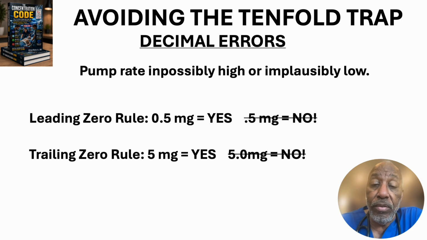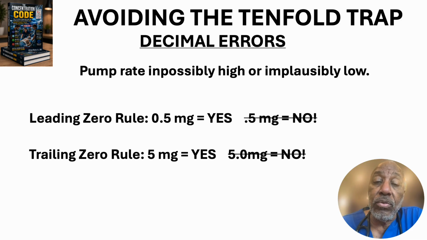When someone reads .5 quickly under stress, they can misread it as 5. That's a tenfold error from a single missing character. Always include the leading zero. It costs nothing and it prevents a category of errors that has caused patients' deaths.